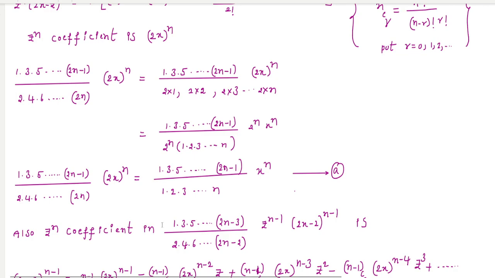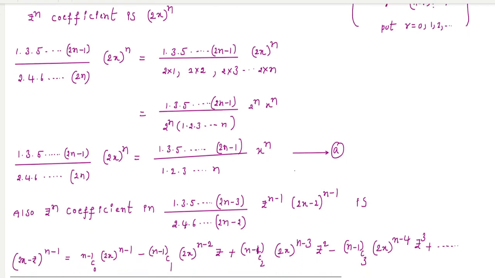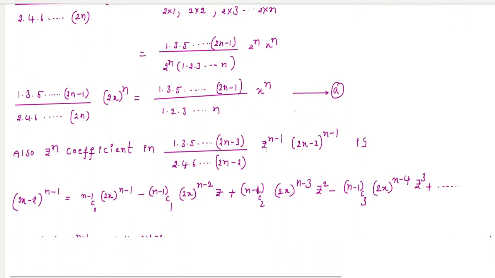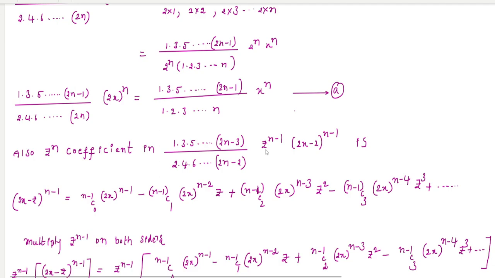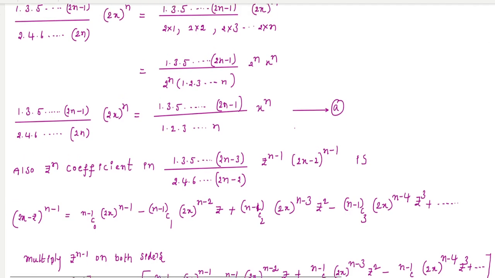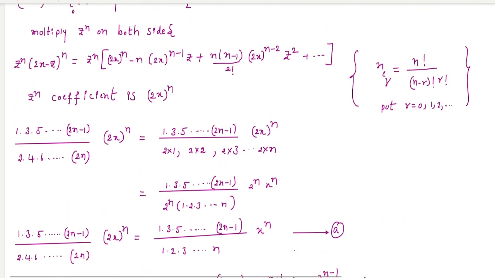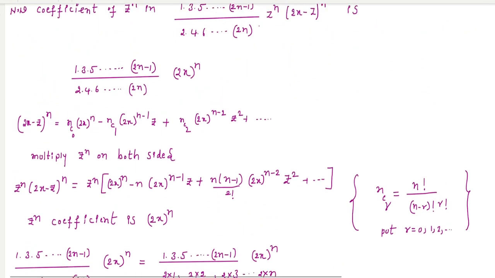And next, we need to compare the z power n coefficient in the term next to the nth term. So we have this equation here, this is our main equation.